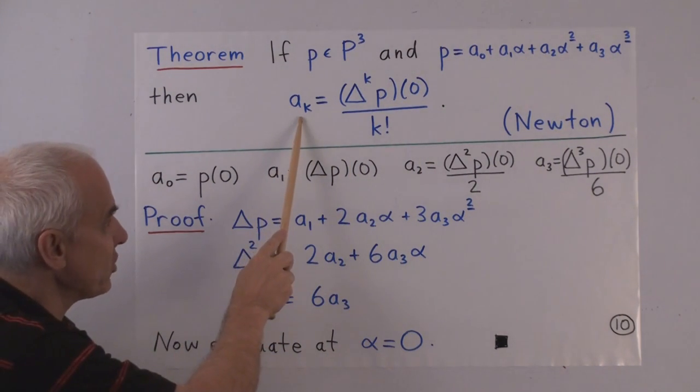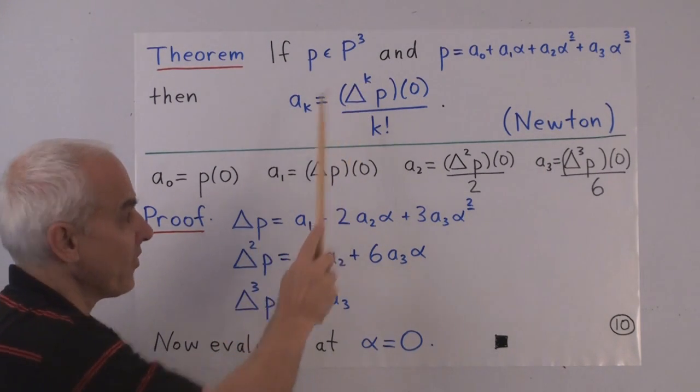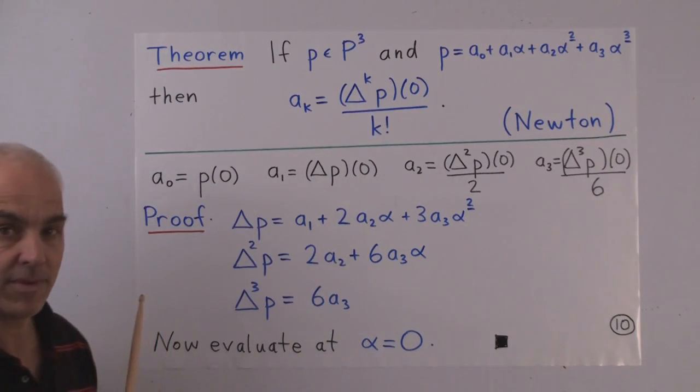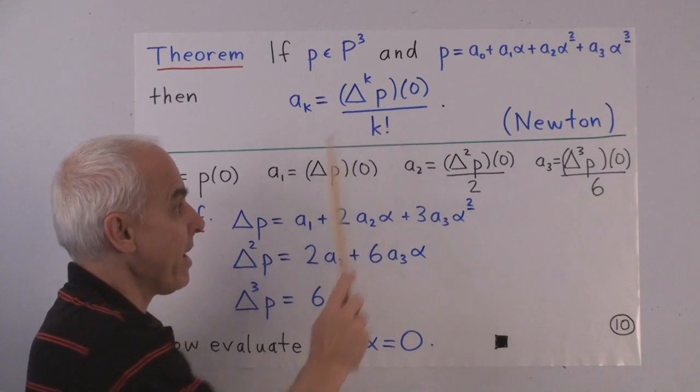The kth coefficient is the forward difference applied to p k times, then evaluated at 0, all divided by k factorial.